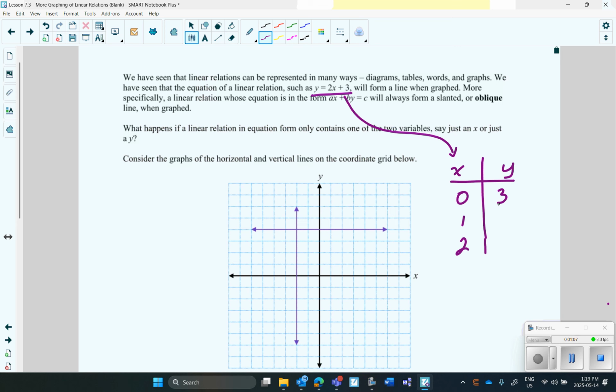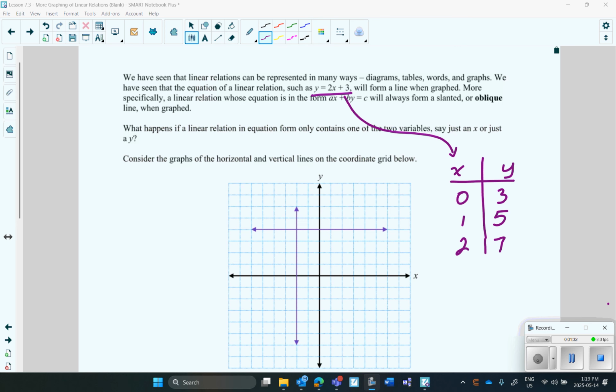Because 2 times 0 is 0, plus 3 is 3. What if you plug 1 in? What does y work out to be? 5. Plug 2 in, 7. You can always see a pattern there too. And then we would plot those points, right? And then do what after that? Draw a line through them. Good.